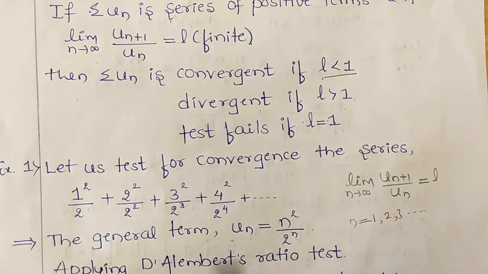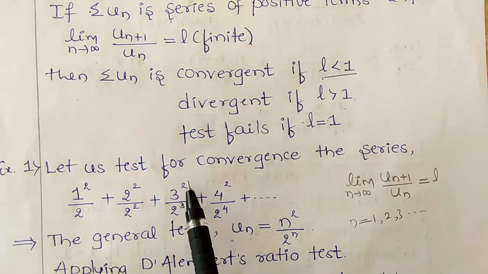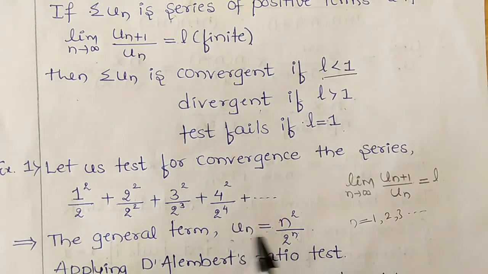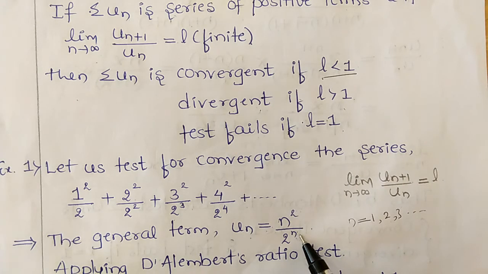See here: 1 square, 2 square, 3 square, 4 square, like that. The series starts from 1, 2, 3 like that, so the n square term is there, so n square divided by 2 raised to 1, 2 square, 2 cube, 2 raised to 4 like that. So 2 raised to n form.